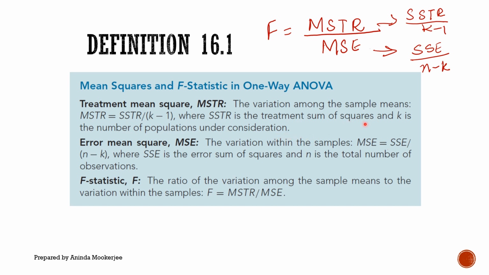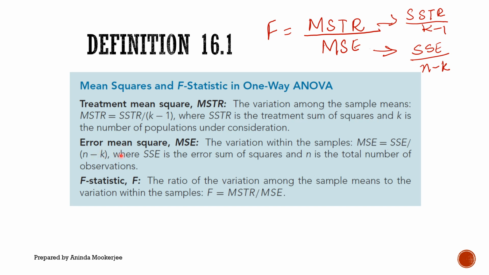So K represents the number of population means that you are comparing. If you're comparing 4 means, then K is going to be 4. If you're comparing 50 means, then K is going to be 50. That's how it works.